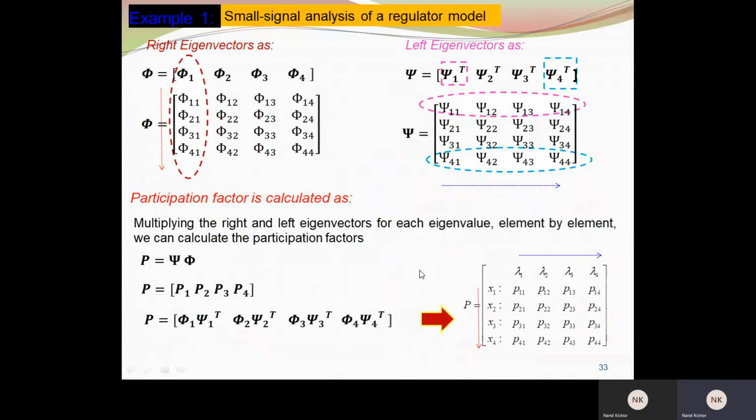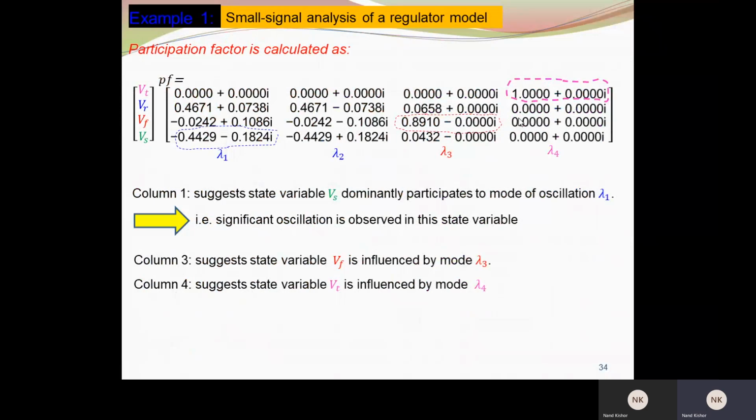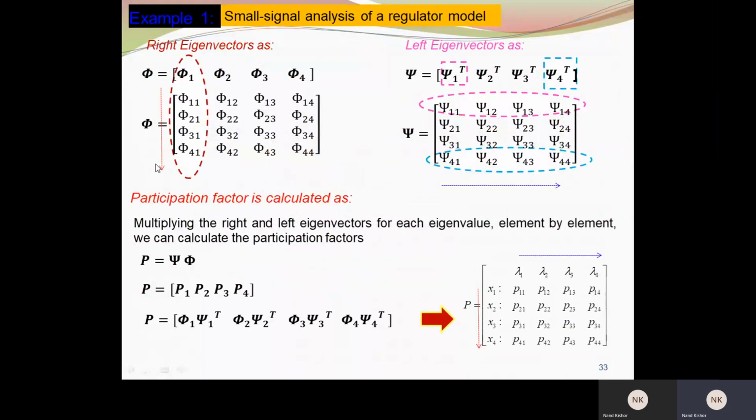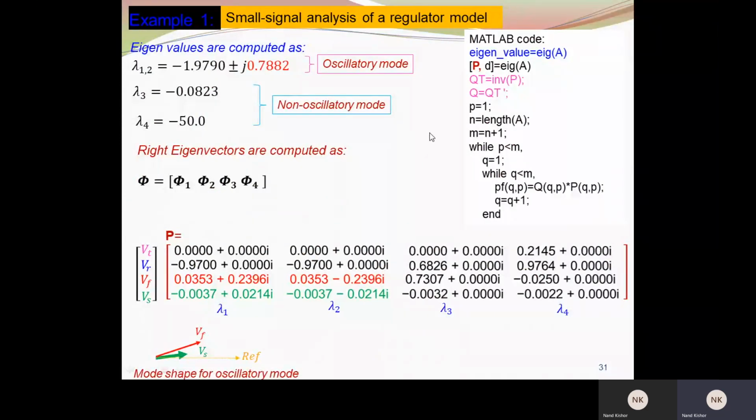So if we want to have P1, then this right eigenvector and this left eigenvector are to be multiplied element by element. We achieve that, and thus we get the complete participation factor matrix. All this was obtained by the use of these codes here.